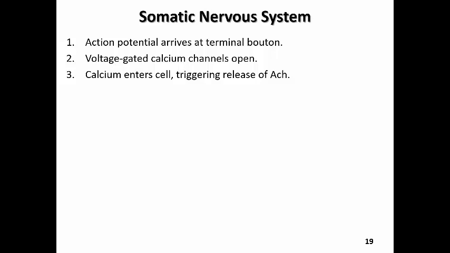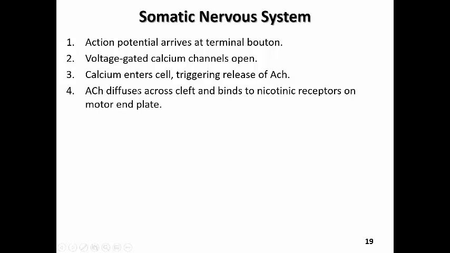And when these calcium channels open up, that will eventually trigger the release of the neurotransmitter acetylcholine because calcium has entered the cell. And we'll see that graphically on the next slide.